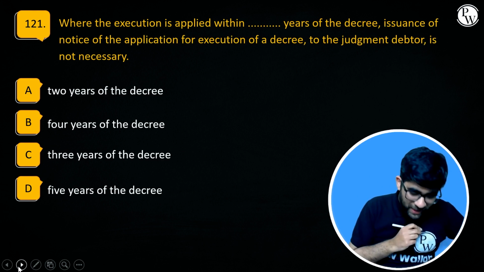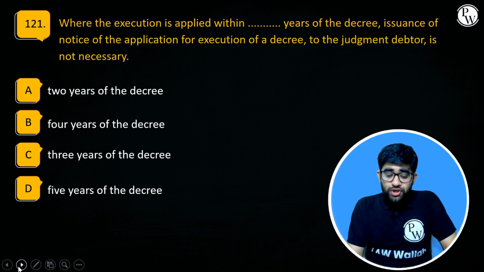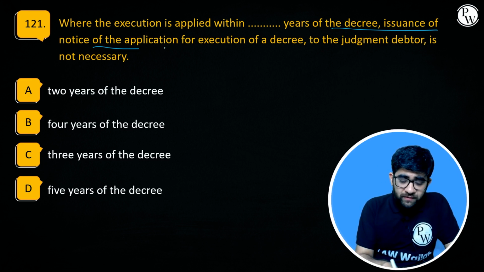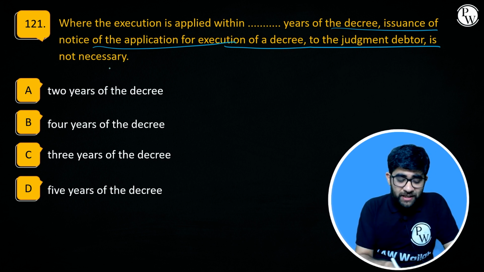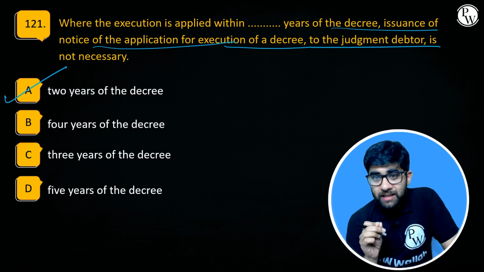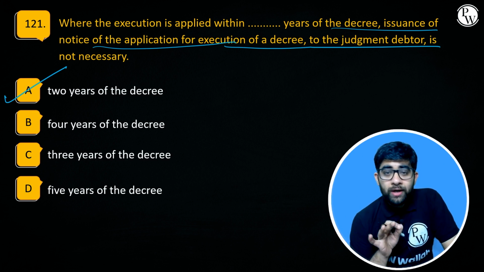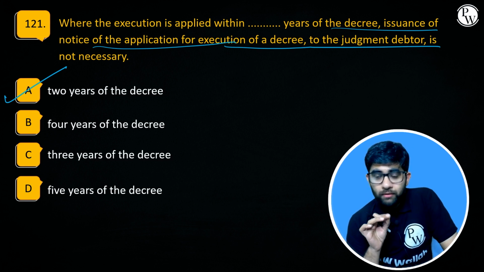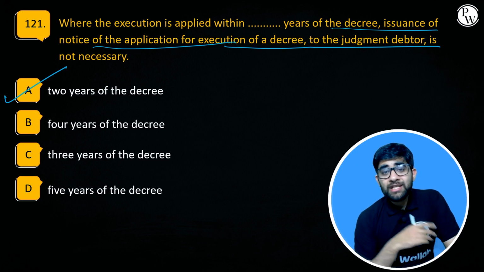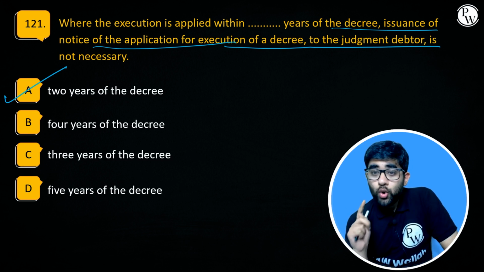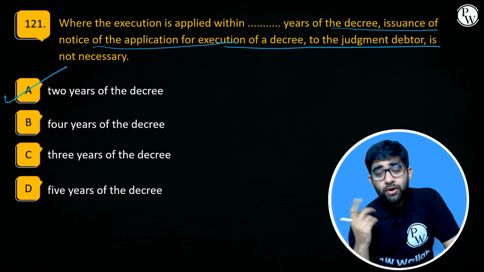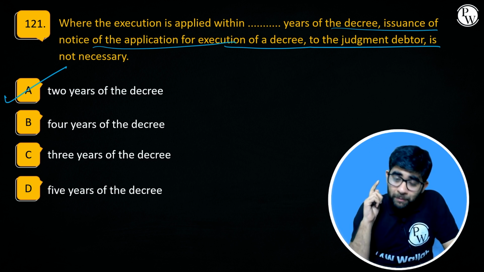So next shall be, where the execution is applied within 2 years of the decree, issuance of notice of the application for execution of decree to the judgment debtor is not necessary. That is 2 years. If the judgment is passed, let's take an example, in 2020 and execution is filed in 2021, the court will not issue any notice to the judgment debtor and will proceed with the attachment or whatever relief is claimed.